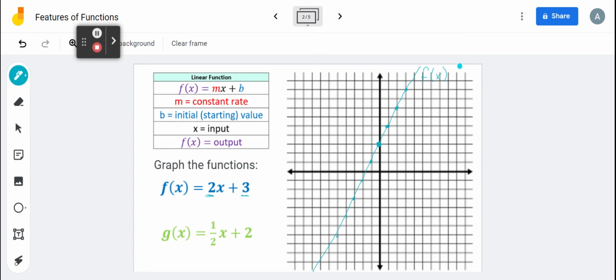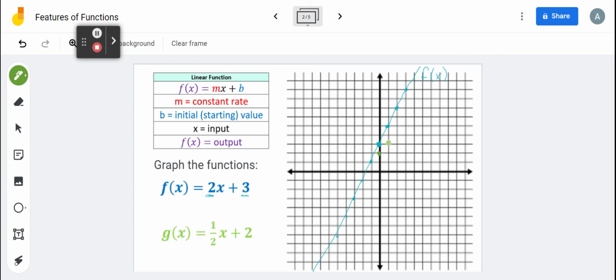The only thing that the f of x and g of x does really, it just tells us the name of the equation. It's the same thing as saying y equals mx plus b. So now let's look at g of x. G of x has an intercept of 2. So here's my initial value.